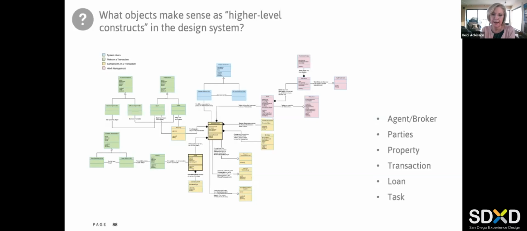And so just having a property object in your design system means that when you go to design a screen with a property element in it, it's getting designed in a consistent way. So in this system in particular, property had about four or five different design variations across it in terms of how it was presented. So we were really trying to true all that kind of variation up.